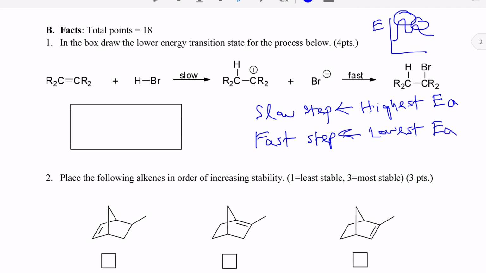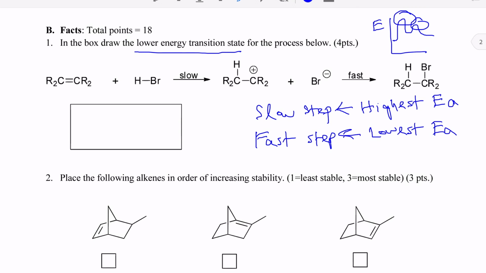With this principle in mind, we can go forward in solving this problem. Since it's asking for the lower energy transition state, we're looking at the fast step. And so we're trying to find out the transition state that occurs when these two reactants combine.